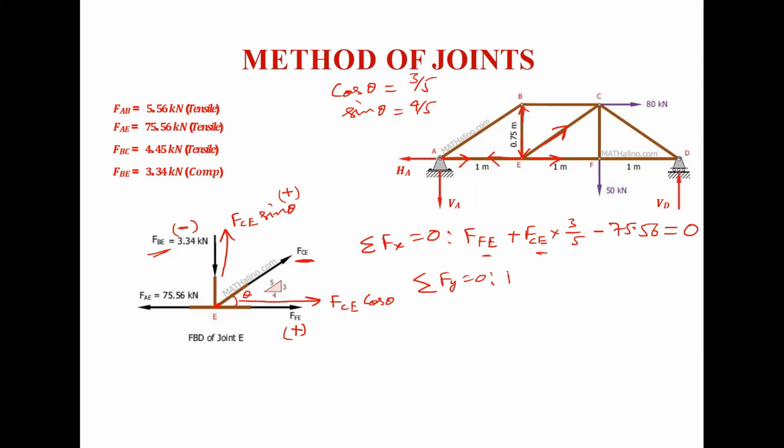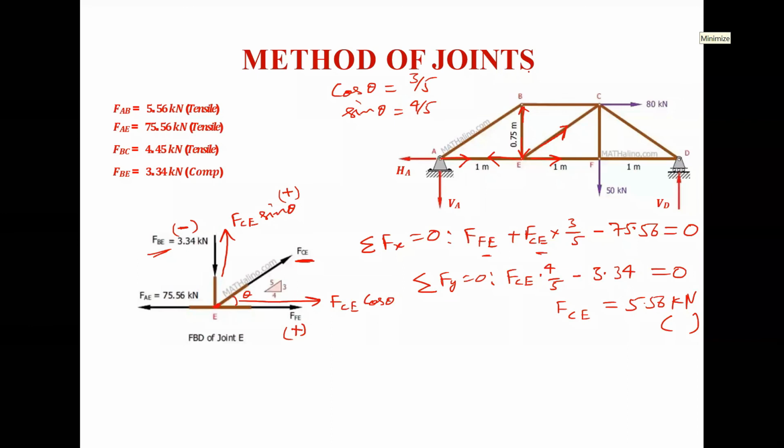So क्या मिल जाएगा अपने को, FCE sin theta is 4/5 minus FBE. FBE is 3.34 kilonewton, and this will be equal to 0. So from this equation we will get FCE is equal to 5.56 kilonewton.